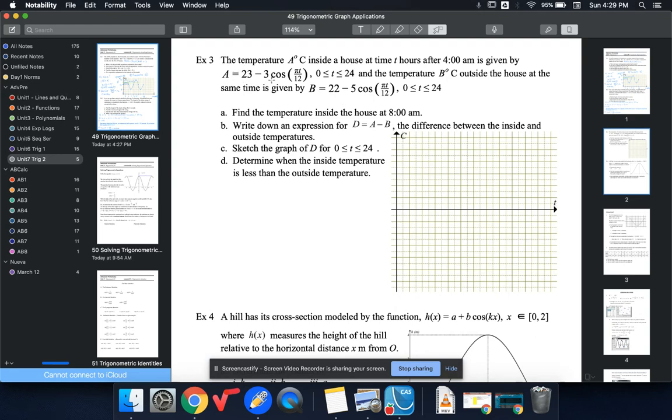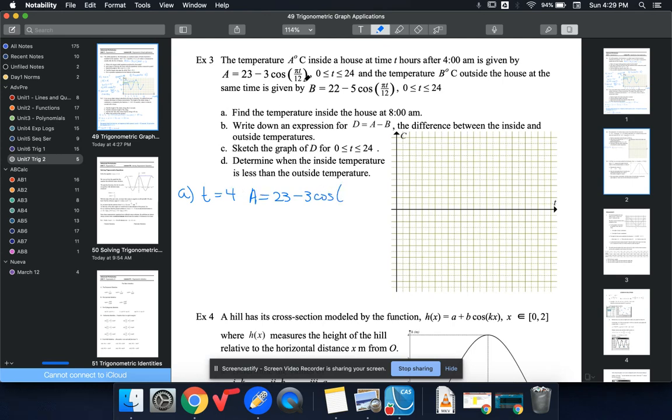So I can think degrees Celsius, hours over here, and I have two different functions. So I have this function for temperature inside the house, and then I have this function for temperature outside the house. So find the temperature inside the house at 8 a.m. Well, we're starting our time at 4 a.m., so 8 a.m. is going to be when T equals 4. I want the temperature inside the house, so I'm using my A function. So A is going to be equal to 23 minus 3 cos.